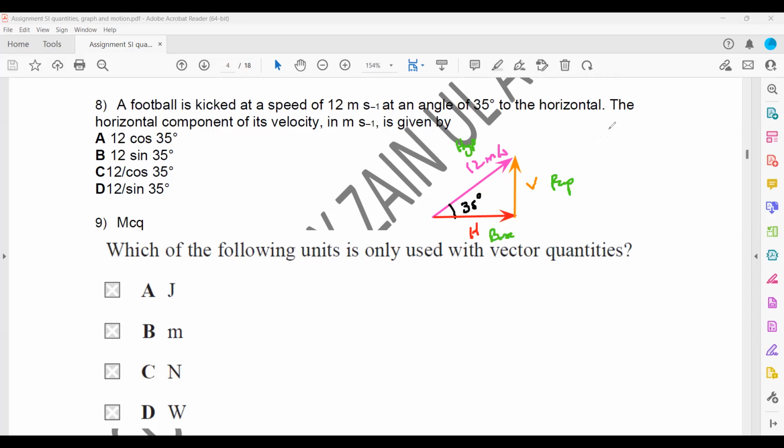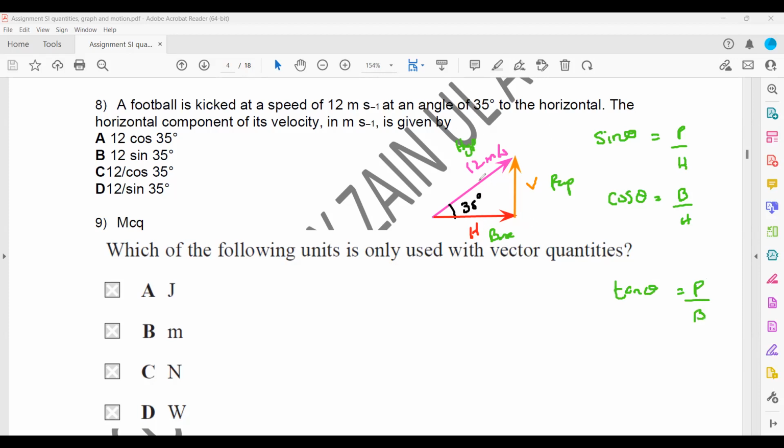So if I use trigonometric ratios, sine theta is perpendicular divided by hypotenuse. Cosine theta is base divided by hypotenuse. And tangent theta is equal to perpendicular divided by base.